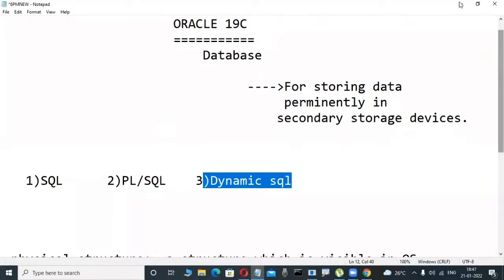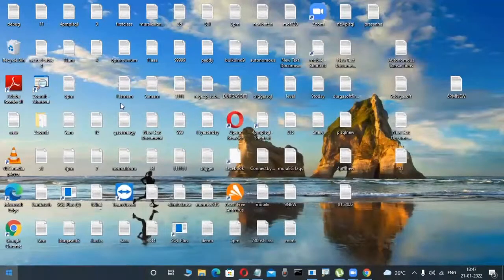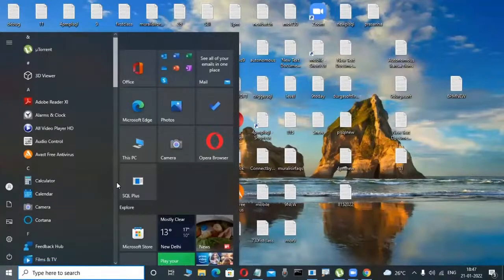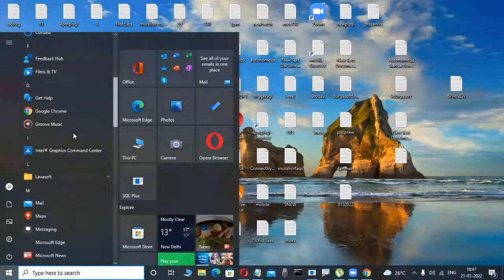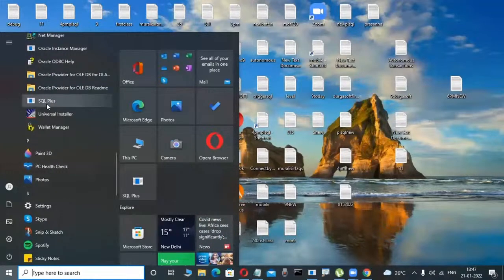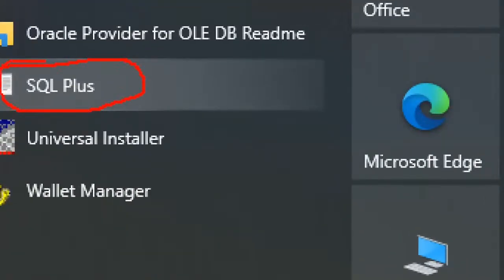Whenever I install the Oracle software, the tool is automatically available. Daily through this tool we interact with the server, the Oracle database.